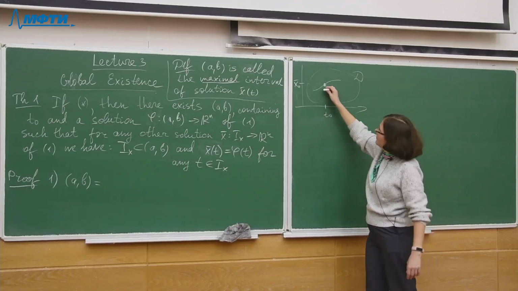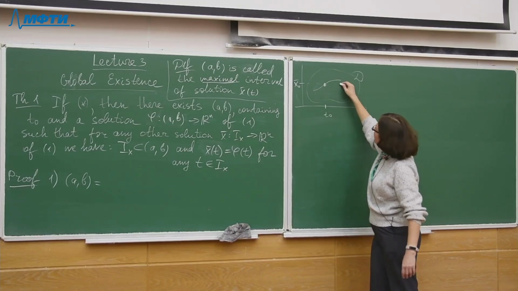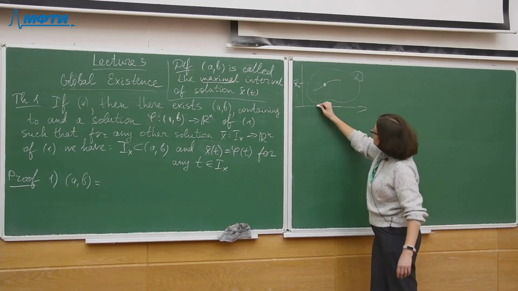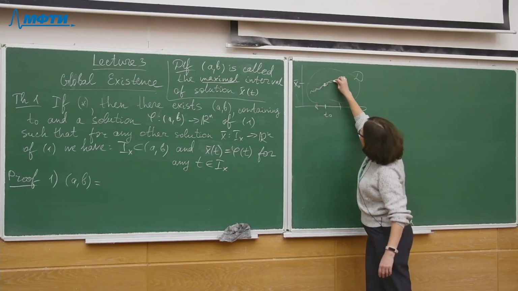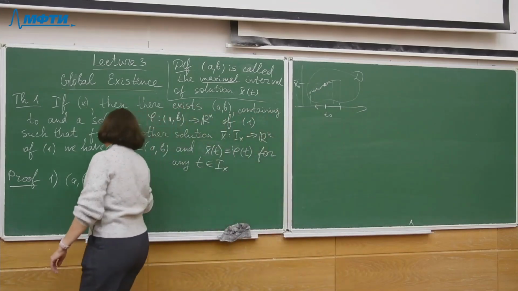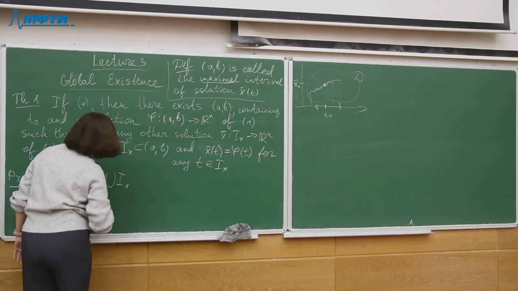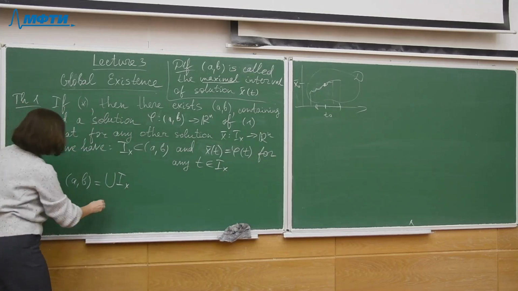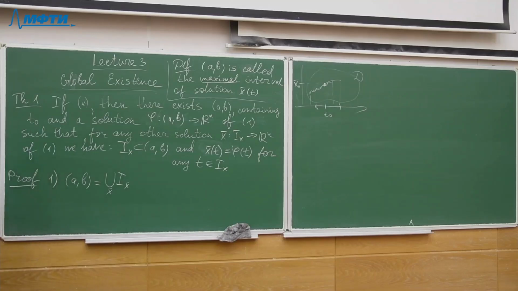So I may consider all possible intervals. For example, this interval, then this will be the second interval, right? So different intervals. And I will take the union of all possible intervals for all solutions x, over all the solutions.